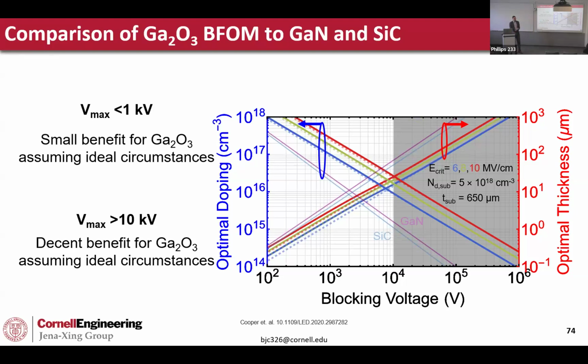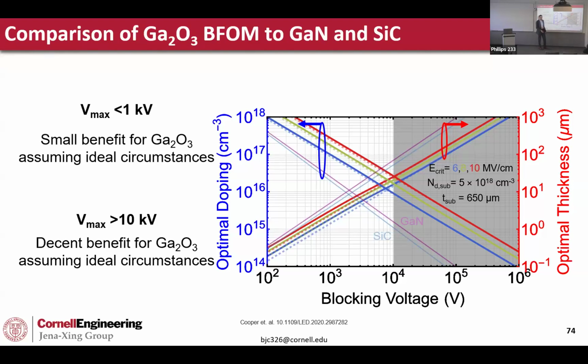I'm sure Cameron and some of our colleagues in Ohio could attest that as you go lower and lower, it becomes much more difficult to get those UID or even intentionally low dopings. So if we're trying to block 100 kilovolts, we no longer need to be at 10 to the 14. We can be at 10 to the 16, or sorry, 10 to the 15, which is a lot more reasonable.